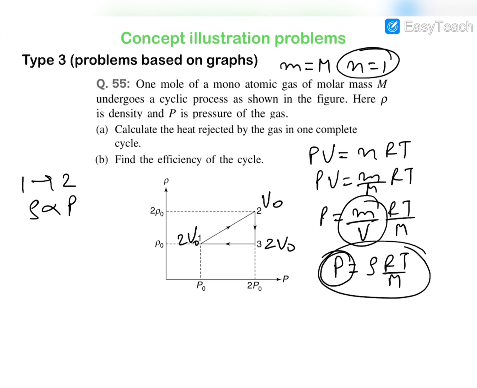So density would be directly proportional to the pressure, and if we find the temperature in this process, it would be constant. So T will be constant, because only if T is constant will density be proportional to the pressure. So this is an isothermal process.